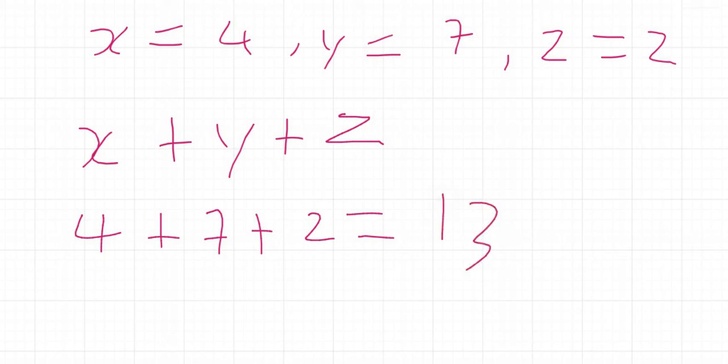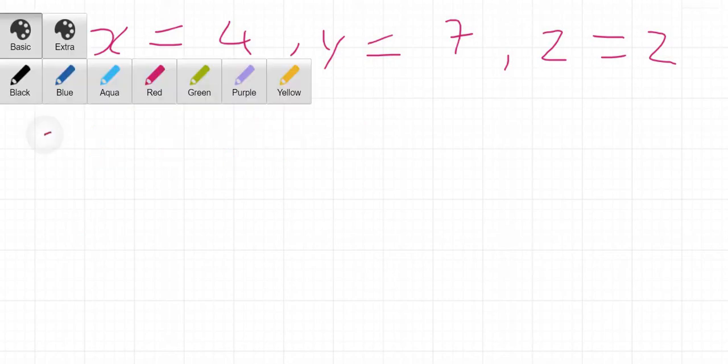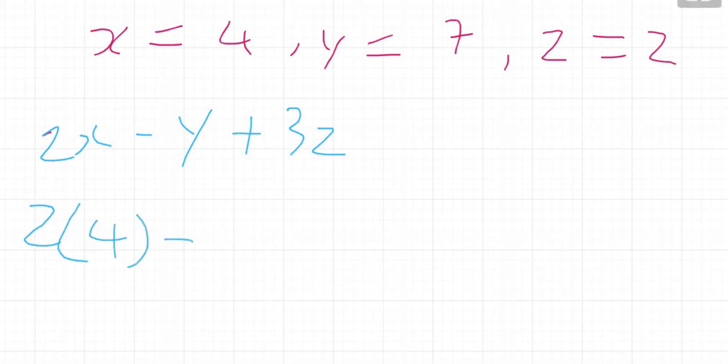So let us look at another one. So let's say we have 2x minus y plus 3z. So we just substitute for the variables x, y, z. So we have 2 times 4 minus 7 plus 3 times 2.